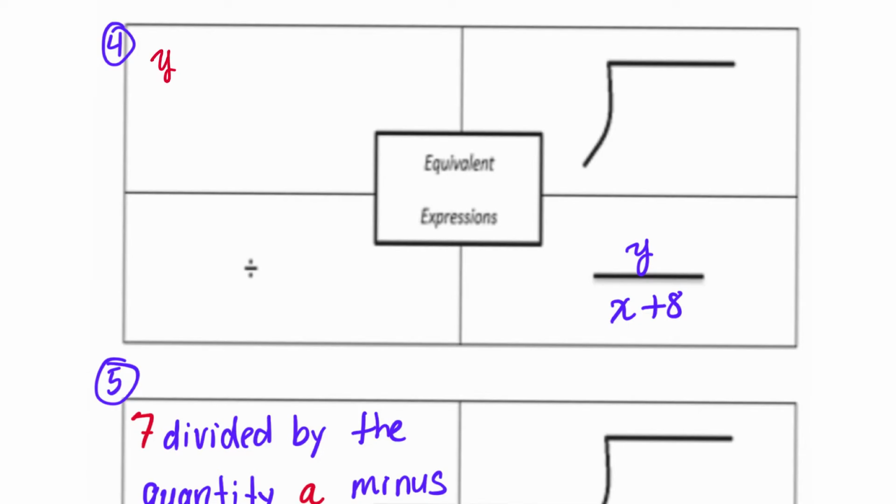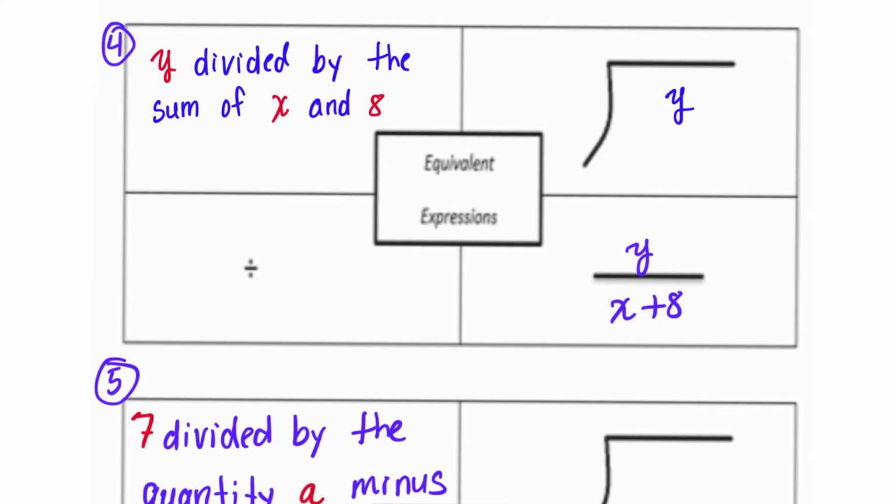Y divided by the sum of x and 8. So now let's have y be your dividend, and then x plus 8 is going to be your divisor. Y is your dividend, and then x plus 8 is your divisor.